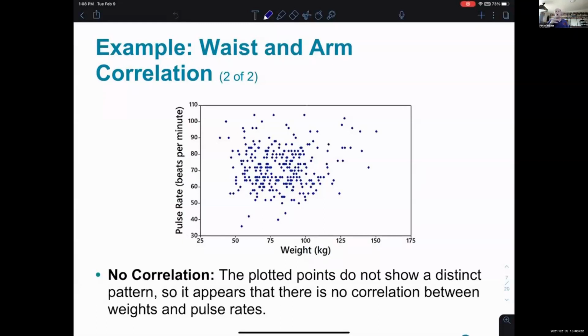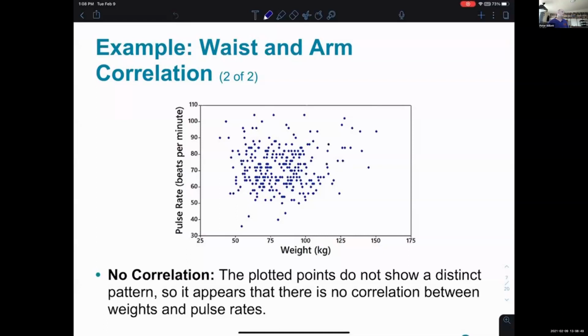So people worried about weight or obesity not being good for health might think that naturally there's a correlation between weight and pulse rate, and that people who are overly obese might also have a high pulse rate. But actually this data doesn't show that at all.